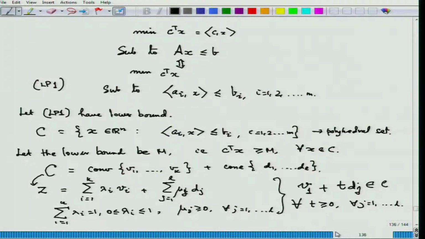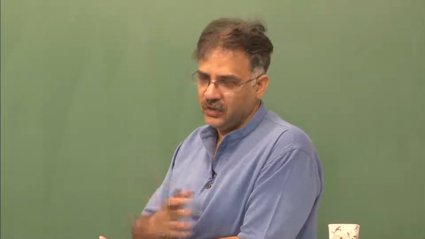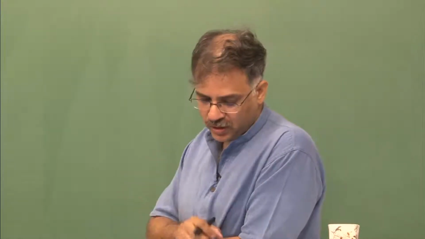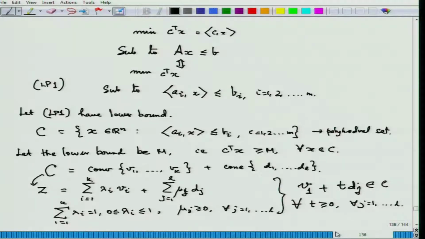A good idea is that when you take these, they are actually vertices of C, and can you prove that? Proving these to be vertices of C is not a bad idea. These are not just some arbitrary points you have taken which are vertices of this polyhedron, but they are also vertices of C. I can show that you cannot have two different elements whose convex combination with lambda between 0 and 1 would give you V1 or V2 or V3 or Vk.